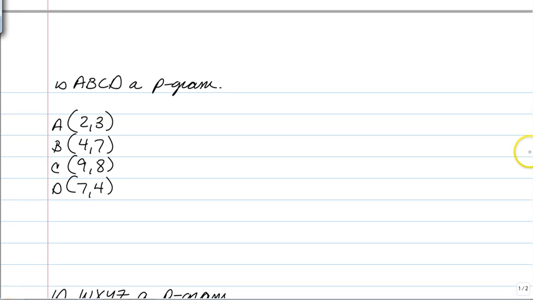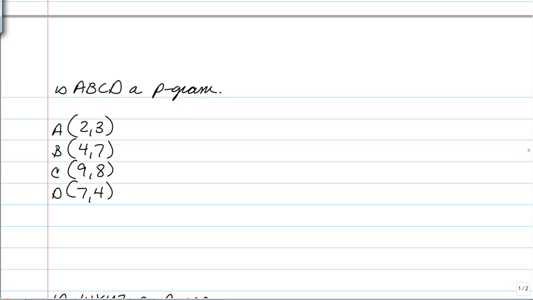Two more of these problems. I'll do one, you'll do the next. What we're going to do now is decide if these four coordinates make a parallelogram. What you should do is map it out a little bit. So 2, 3 is going to be the one that's lowest and to the left. Then we're going to have 4, 7. Then we're going to have 7, 4.